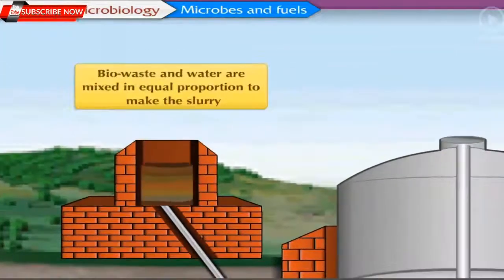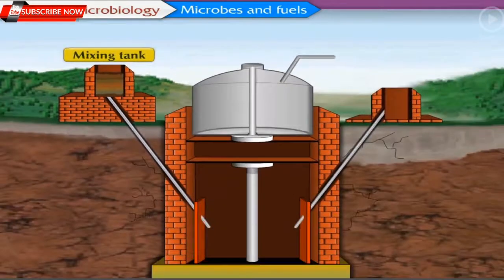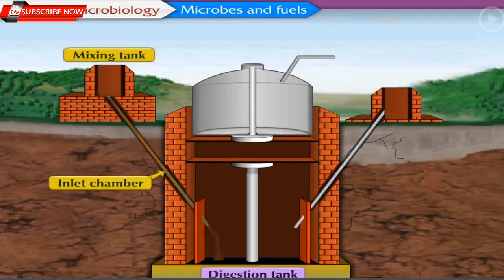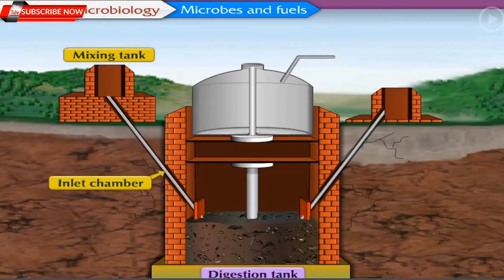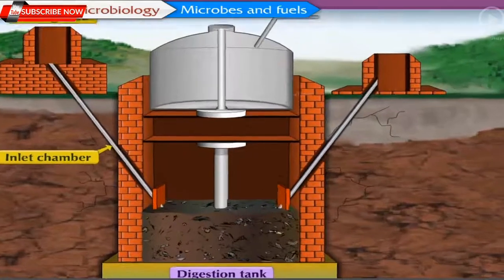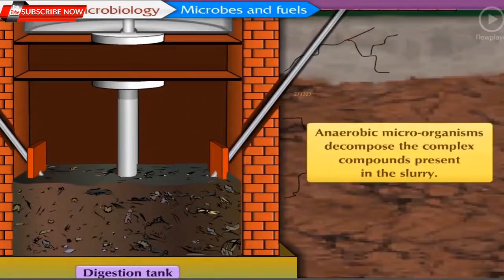A slurry of bio-waste and water is made in the mixing tank from where it is fed into the digester. The digester is a sealed chamber in which there is no oxygen. Anaerobic microorganisms that do not require oxygen decompose or break down the complex compounds present in the slurry.